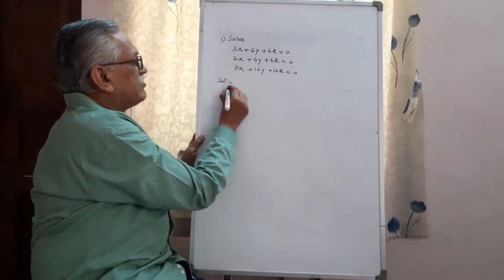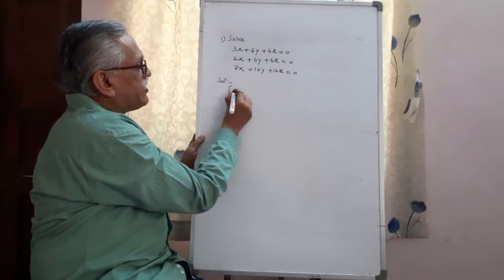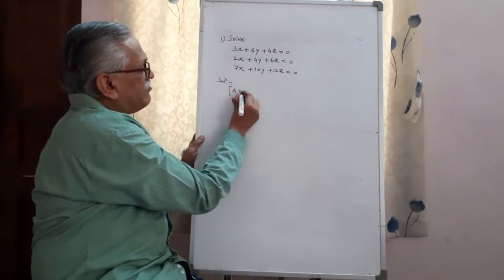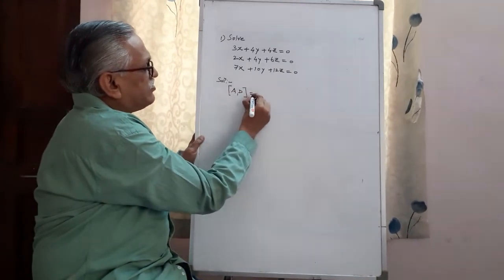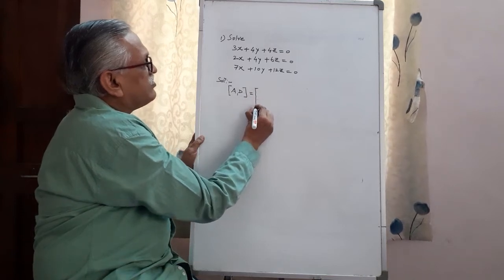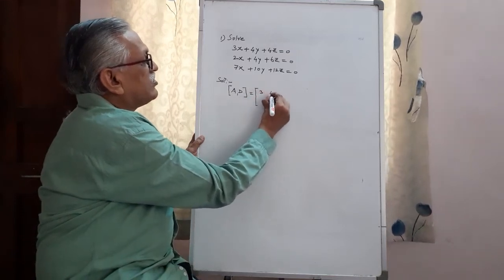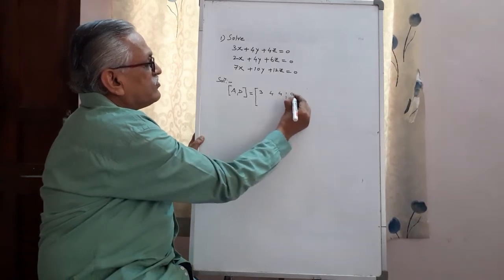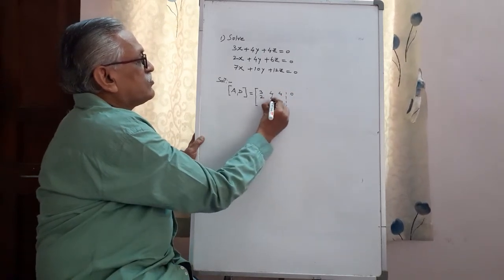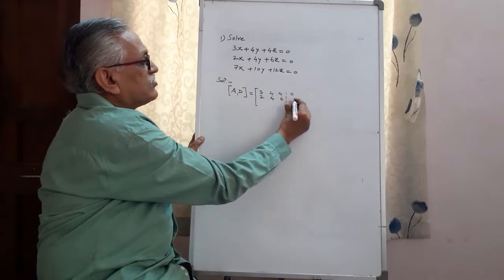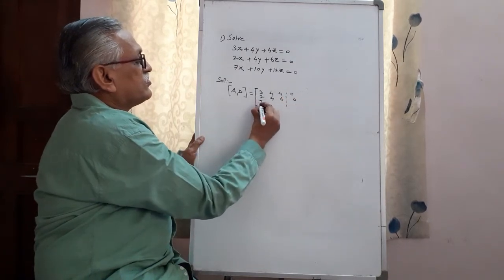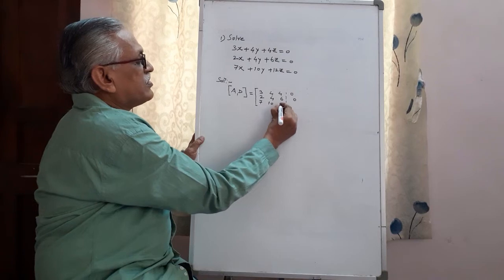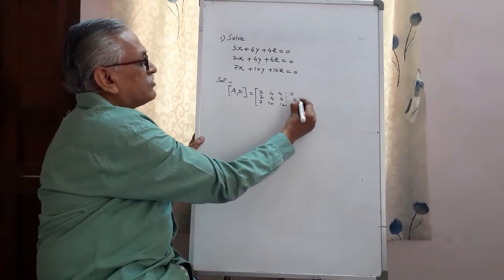Again, taking the combination of matrix A and matrix D as the augmented matrix, here it is 3 4 4 0, 2 4 6 0, 7 10 12 0.